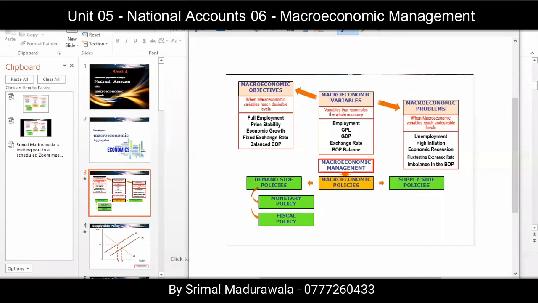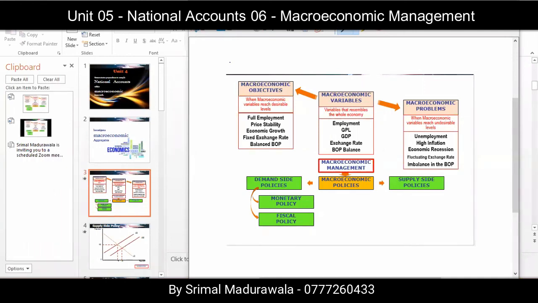They give more money into the hands of the people. One way is to reduce the interest rates. When the interest rates are low, people will get more loans. When they get more loans, there will be more money in their hands, and they will try to buy more goods and services. When they try to buy more goods and services, the aggregate demand level will increase at the same prices, and you will find the country expanding.